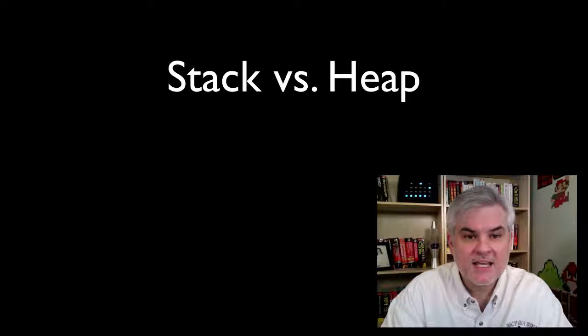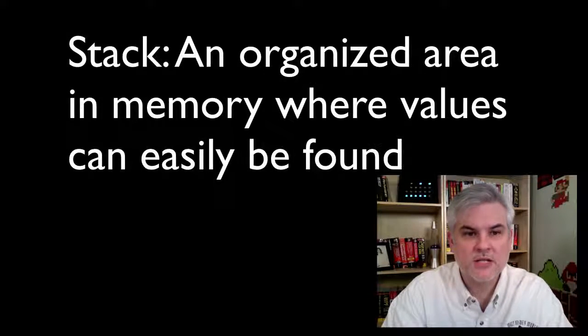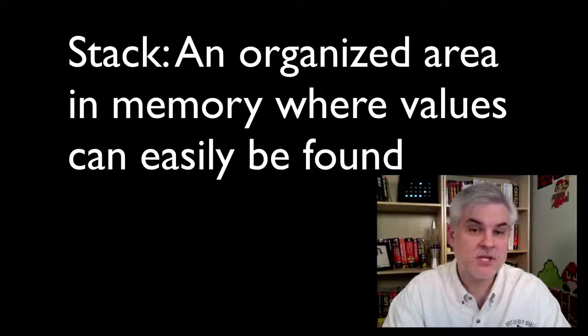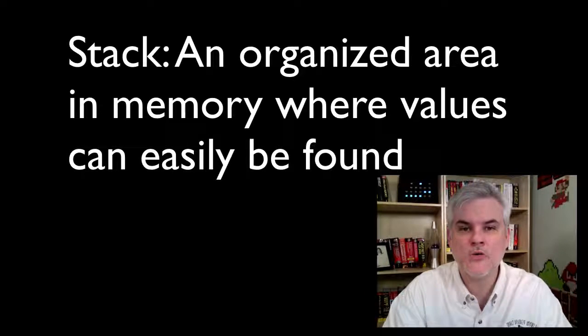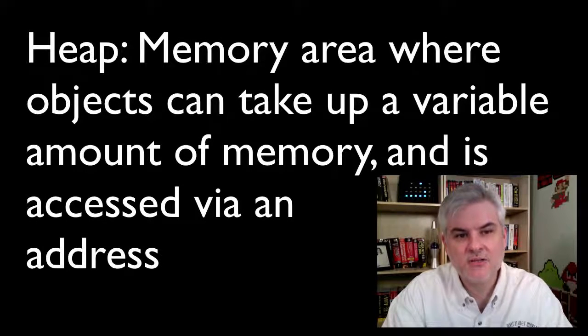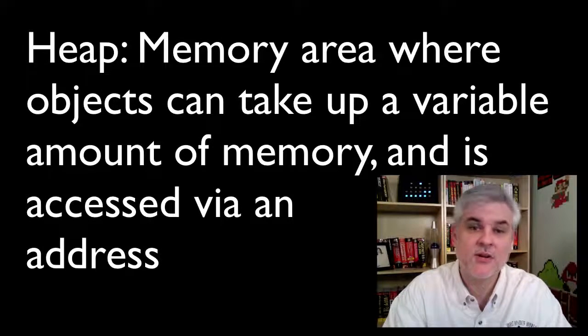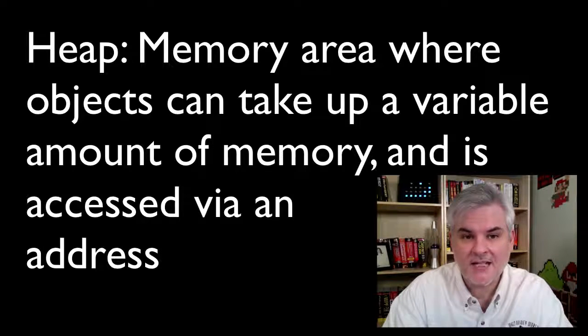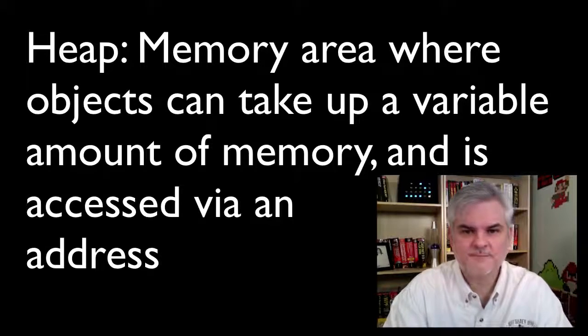The stack is where value types like integers and other simple types are stored. It's organized and easy for the application to find what it's looking for because it knows the exact size of each of those objects, and they're typically pretty small. The heap is where reference types, like the string object, like the date-time object, like your custom objects are stored. Since they're both variable in size and typically much larger, they're piled in the heap wherever they're going to fit, okay?